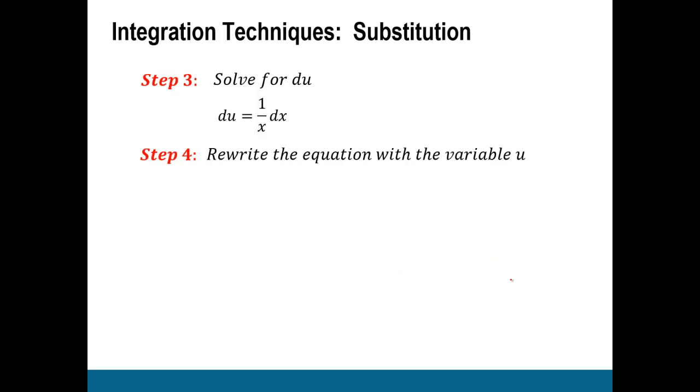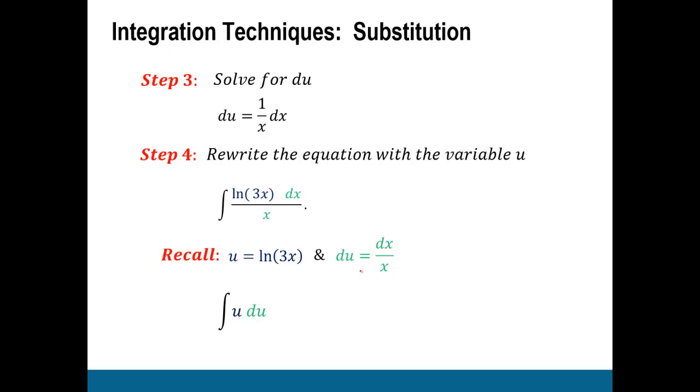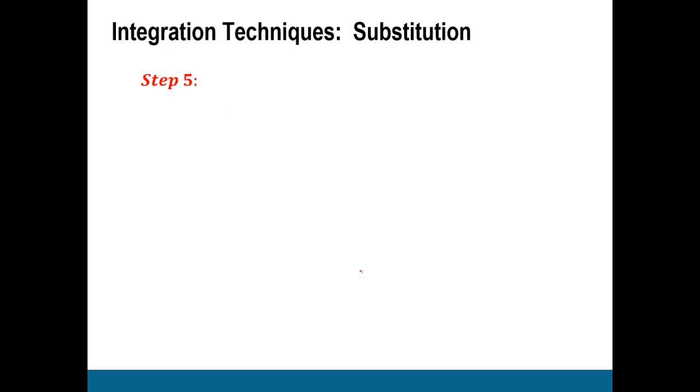Now we're able to rewrite the equation with the u variable. Recall that we substituted u for the natural log of 3x. We can also substitute dx over x for du, which gives us the integral of u du. Next, we'll integrate the integral of u du by using the power rule, which gives us u squared divided by 2 plus c.